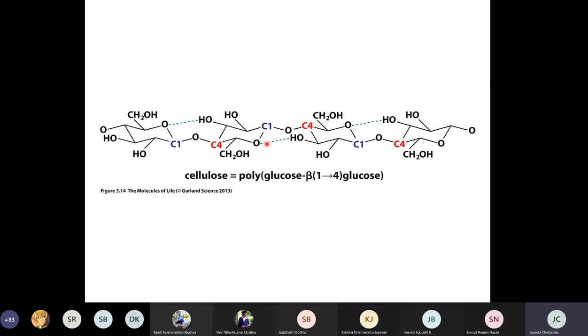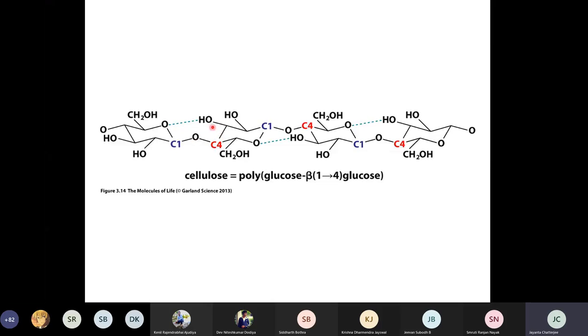And that pattern repeats, because of which, if you consider a single chain of glucose linked through the beta 1,4 linkage, the polymer is not a bent molecule. Rather, it's more like a linear molecule, because you not only have the C1-C4 connected through a covalent bond, an ethereal or glycosidic linkage.